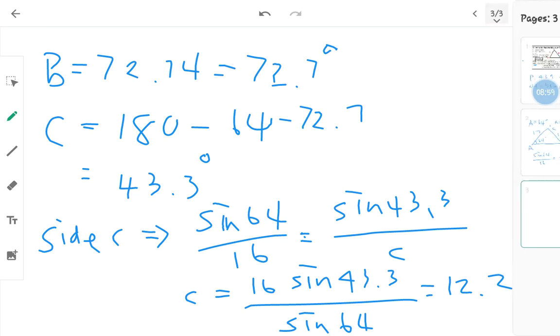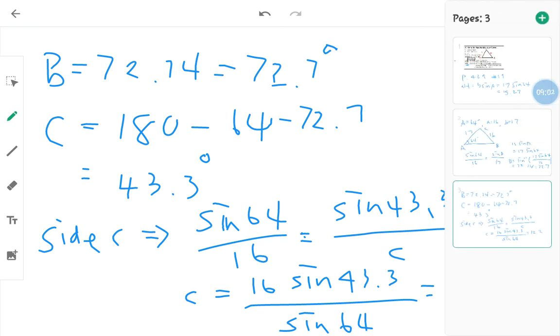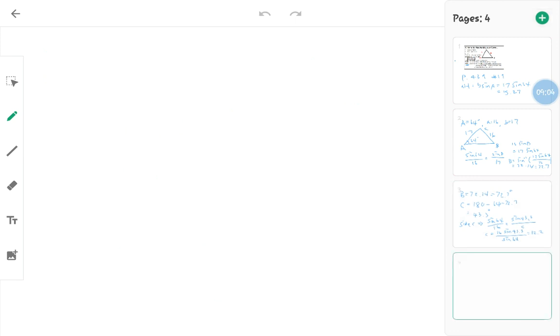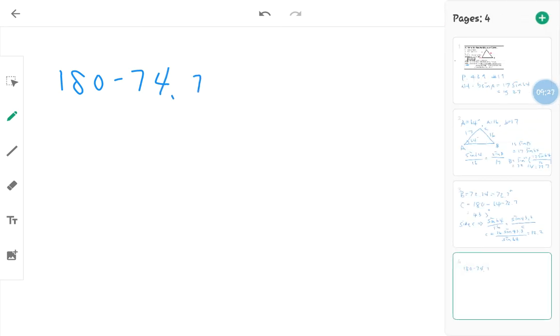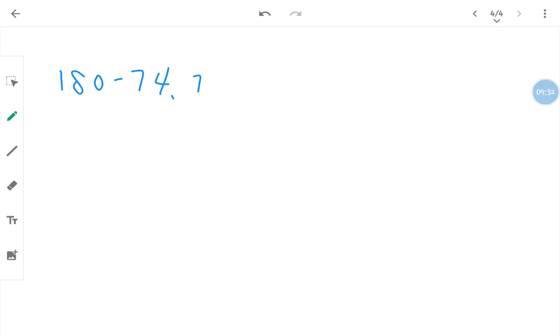Now what should I do? I'm going to think about the obtuse angle. My B was 72.7, so the other B, which is the obtuse angle B this time, would be 180 minus 72.7.